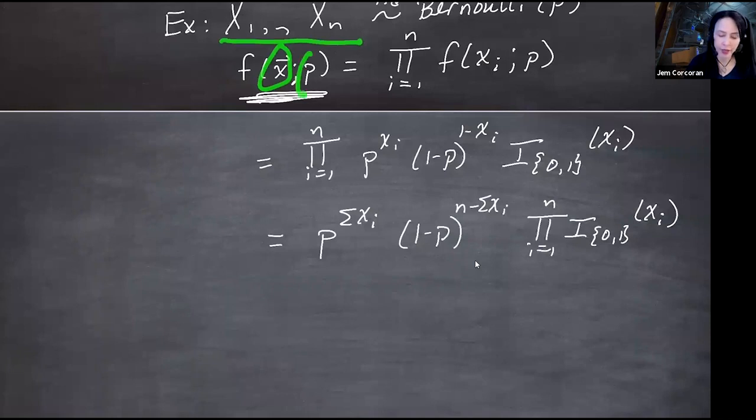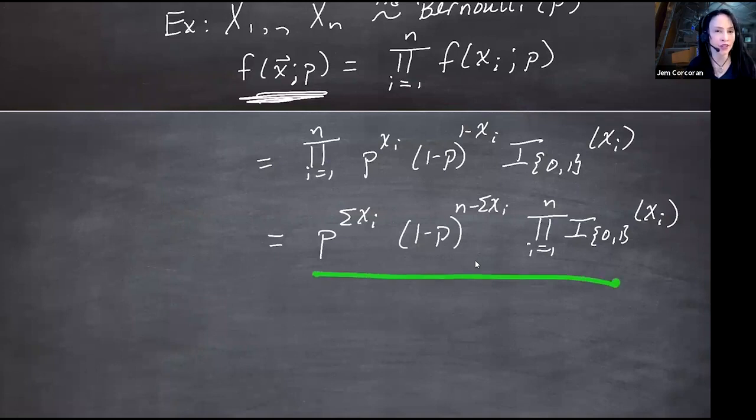And it's a function of p. And in MLEs, maximum likelihood estimation, you want to think of the data as fixed, and you want to find the value of the parameter in the parameter space that makes the observed data most likely. So the x's are thought of as fixed, and we are instead looking at this as a function not of the x's, but as a function of p.